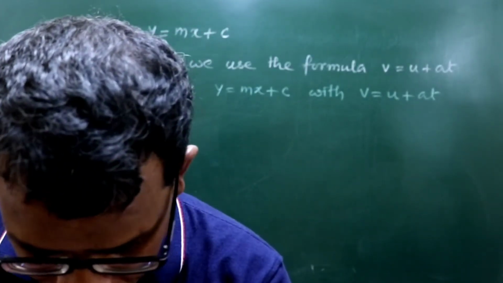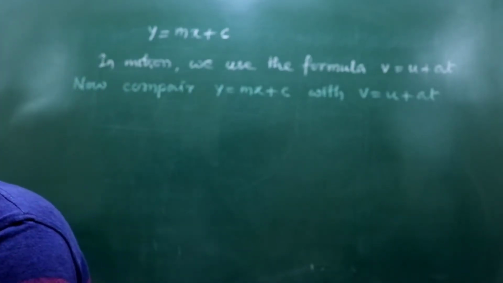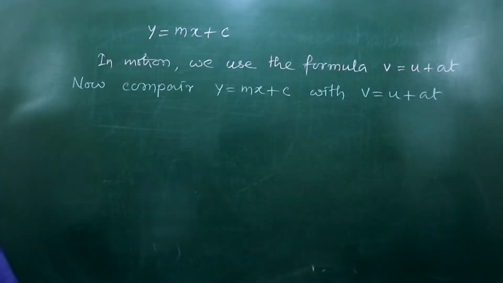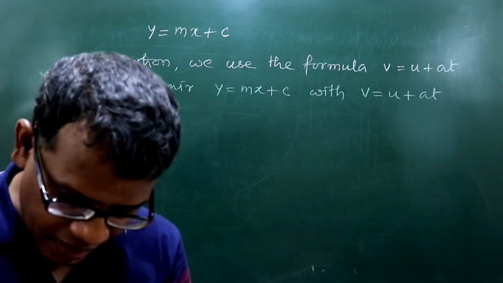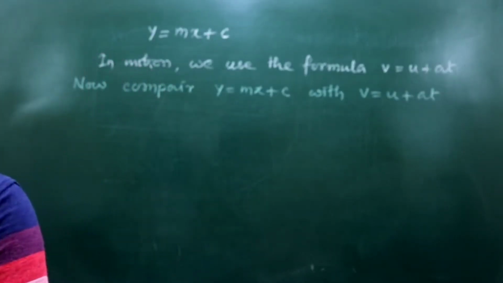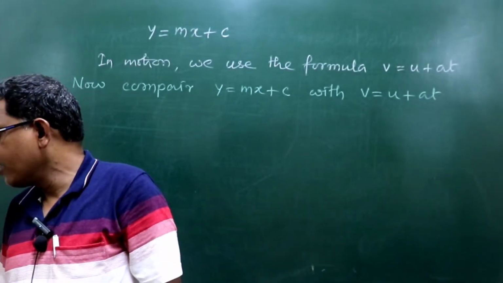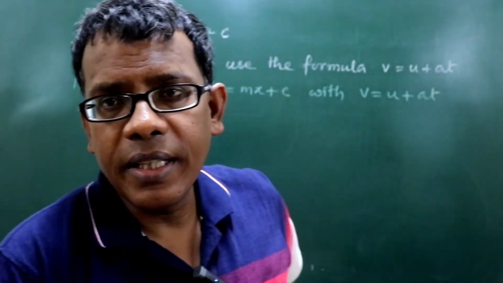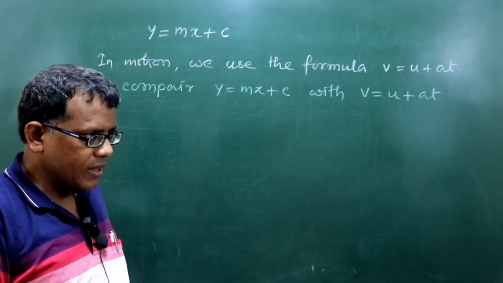In the form of straight line, we can compare v is equal to u plus at with the general straight line equation, that is y is equal to mx plus c. So we can definitely learn something specific by comparing these two equations.